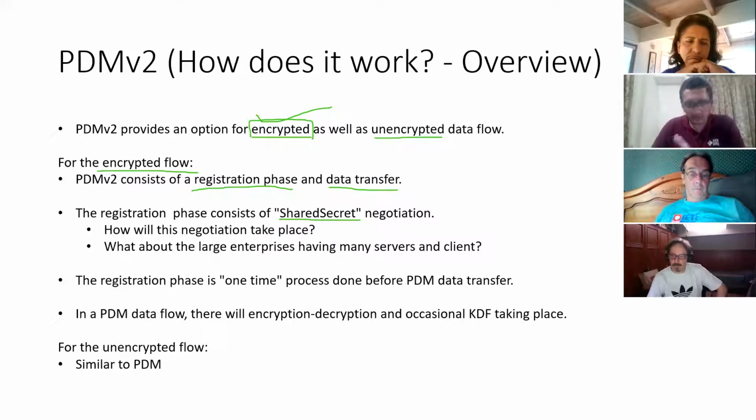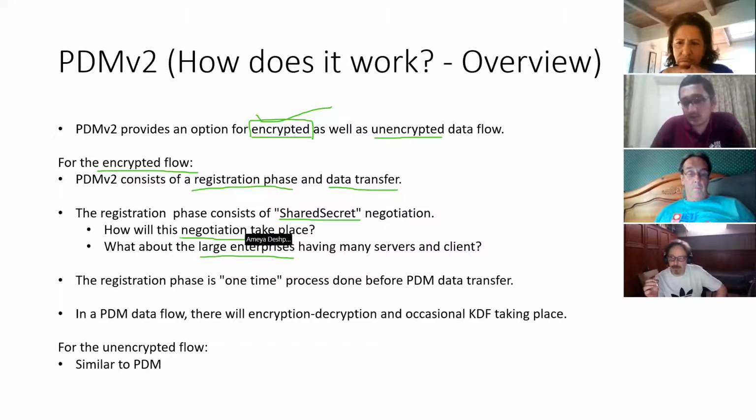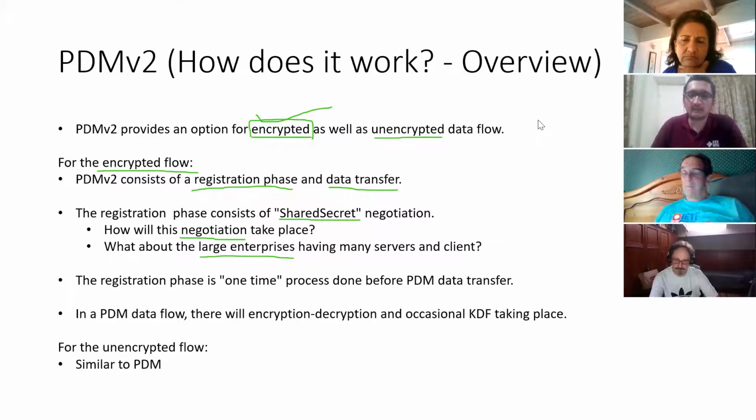This registration will be discussed in much more detail when Mike explains how it works for large enterprises. How the shared secret is generated will also be described when we talk about HPKE. This part is just an overview: we have a registration phase in the beginning, and then the data transfer.